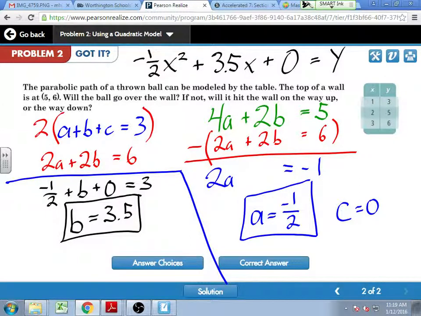We know the wall is at 5. I don't care how tall the wall is. I care what height my ball will be at. So sub in your x equaling 5 to the parabola and find out what your y equals. If it's more than 6, your ball cleared the wall. If it is 6, I don't know, it skims the top of the wall or hits the top of the wall. And if it's less than 6, we know it's nowhere close to clearing it.